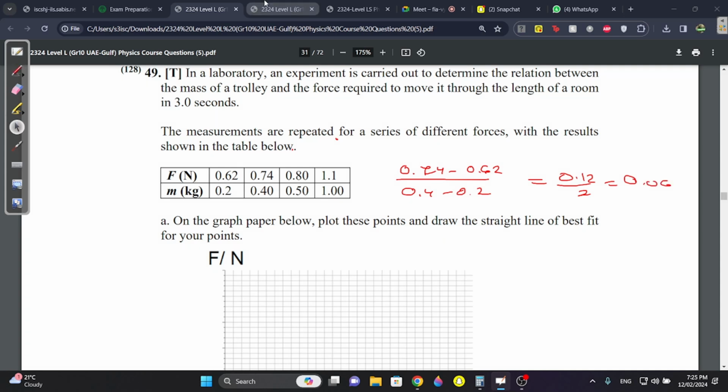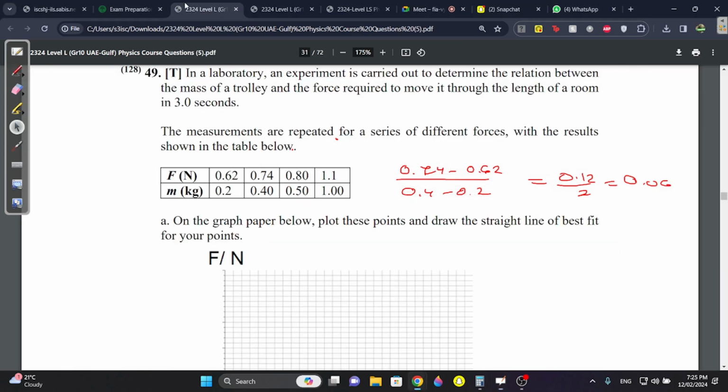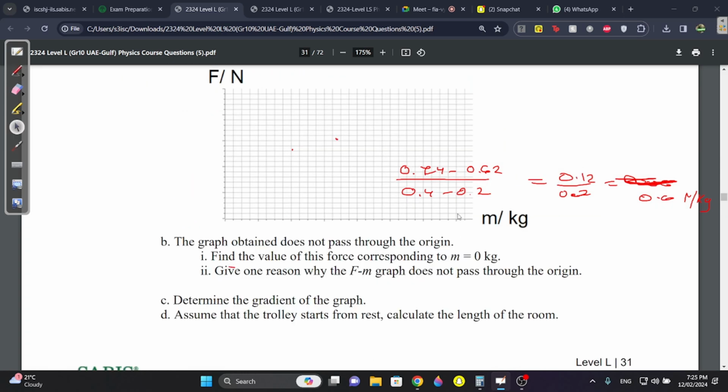I'm not sure. Oh, my fault. It's 0.12 over 0.2, because 0.4 minus 0.2 is 0.2. You get 0.6. Okay, and then put newton per kilogram, because you're dividing newtons by kilograms.